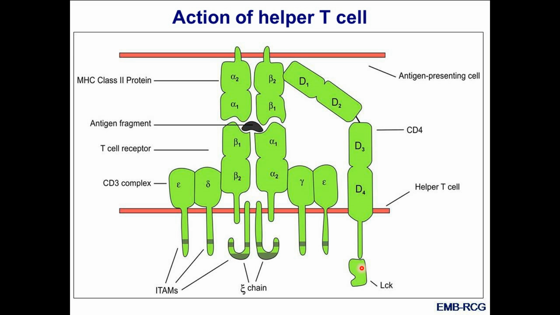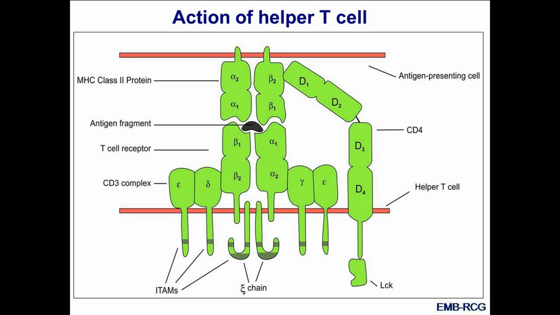The cytoplasmic tail of CD4 is associated with LCK. The cytoplasmic tail of T cell receptor is associated with CD3 complex. CD3 complex is made up of epsilon, delta, this gamma, this epsilon, and these two zeta chains. These chains possess the ITAMs. These are the ITAMs present in the cytoplasmic portion of CD3 complex.